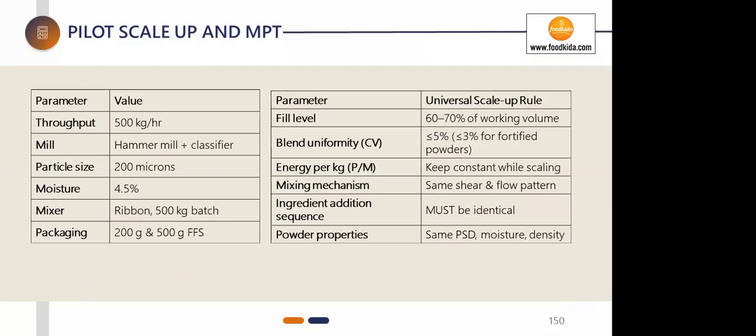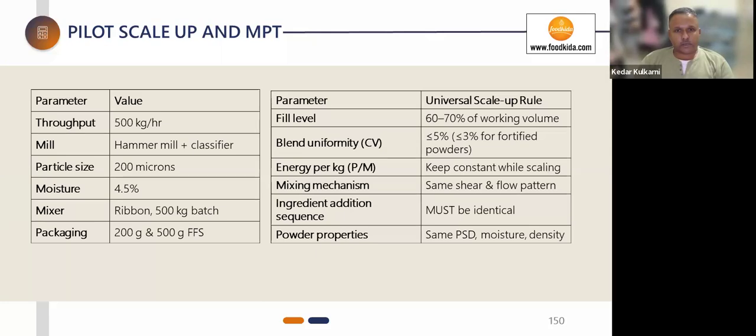So these are some of the pilot scale up parameters. Now these are universal scale up rules. Now listen to me carefully. When I say fill level, 60 to 70% of working volume, that means what? 60-70% of the total production capacity.